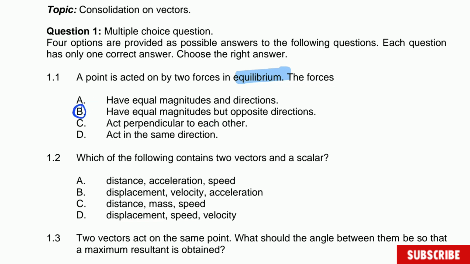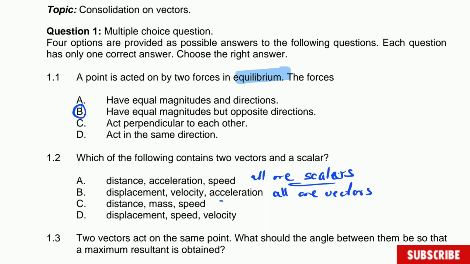Question 1.2. Which of the following contains 2 vectors and 1 scalar? A. Distance, acceleration, speed. All those are scalars. B. Displacement, velocity, and acceleration. All are vectors. C. Distance, mass, and speed.